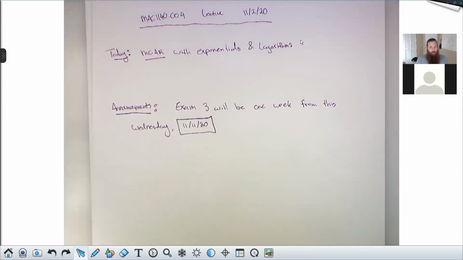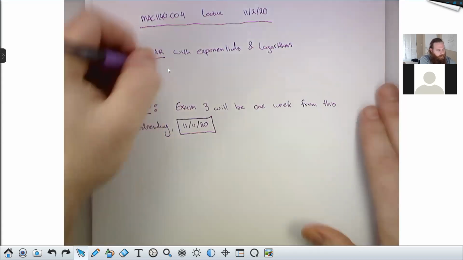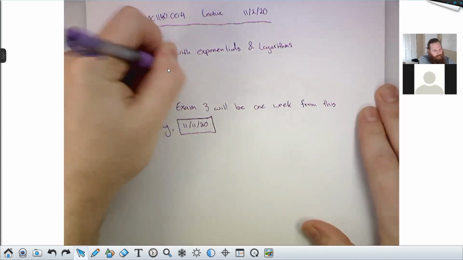So today, coming back to what we're focusing on, exponentials and logs. Particularly, we're worried about the algebra properties.